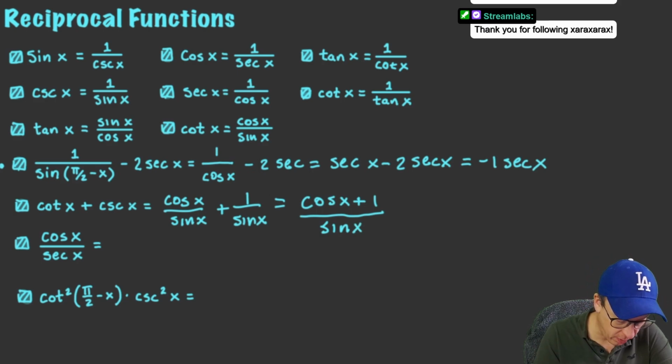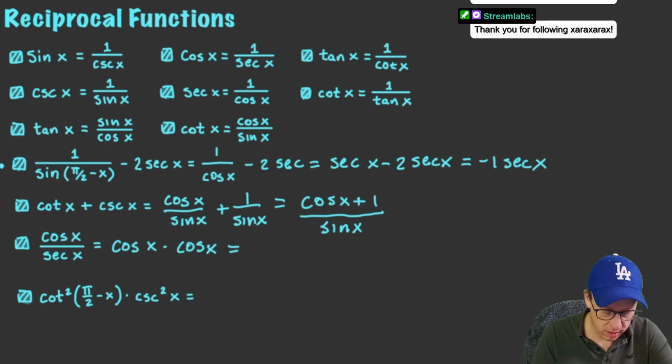Simplify this again further. Well, we know from looking at this that this is going to be equivalent to cosine of x times the cosine of x, which is going to be equal to the cosine of x squared.